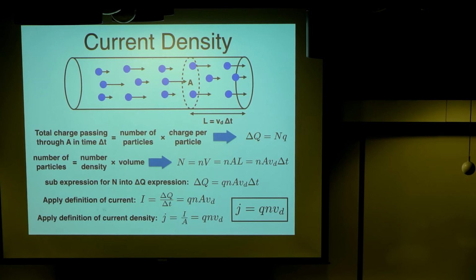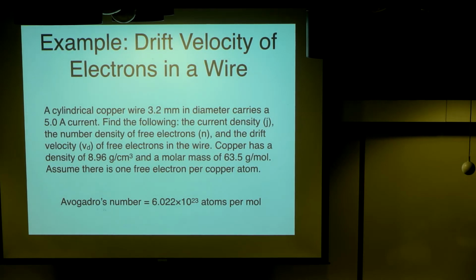All right then. So we are going to make a calculation using this result, and it's going to be probably kind of surprising, okay? So here's the situation. We have a cylindrical copper wire with a 3.2 millimeter diameter.